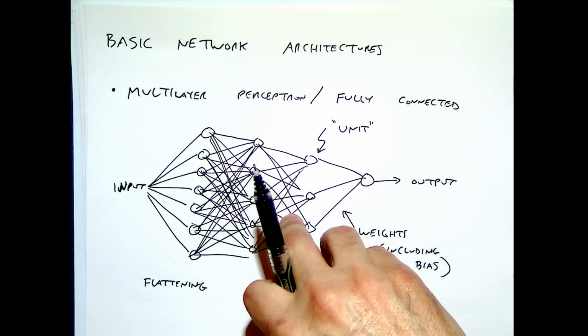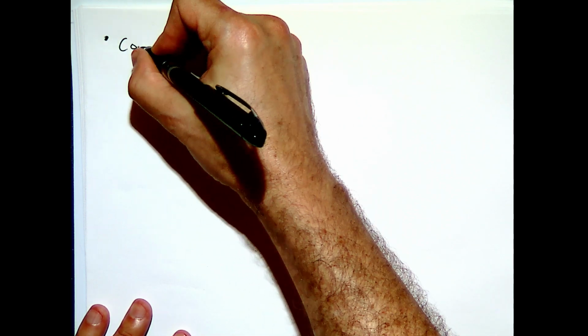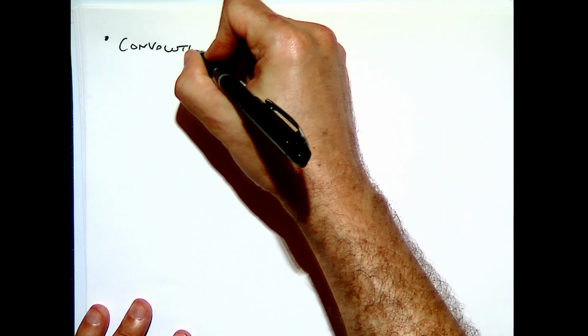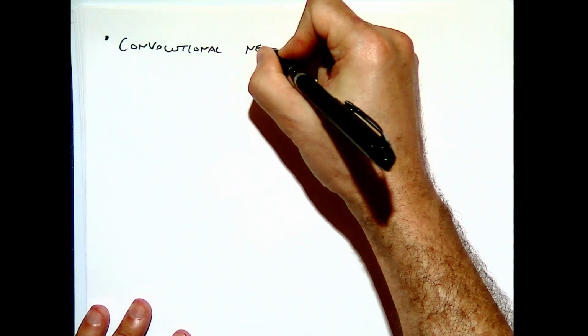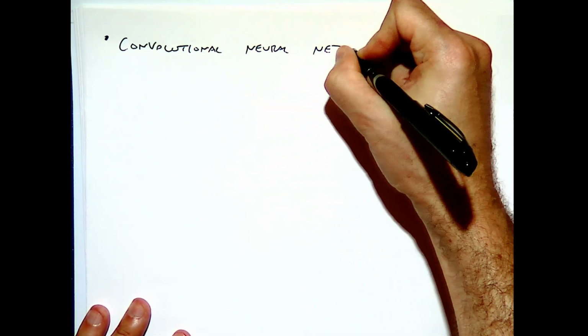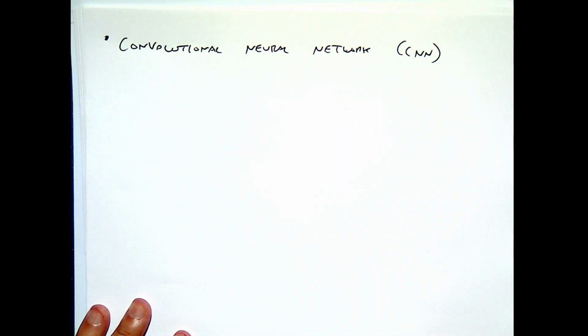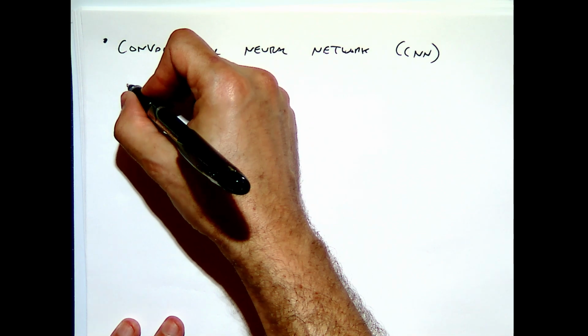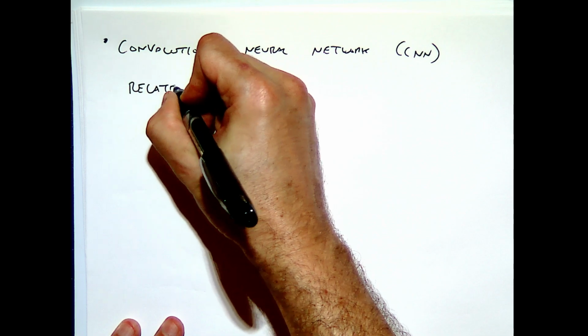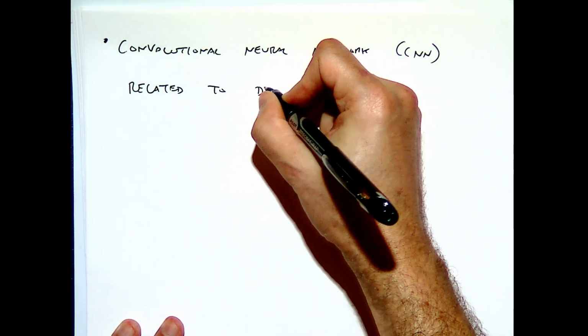So the next thing is what's called a convolutional neural network, or CNN. The observation here is that this is very related to digital image filtering.